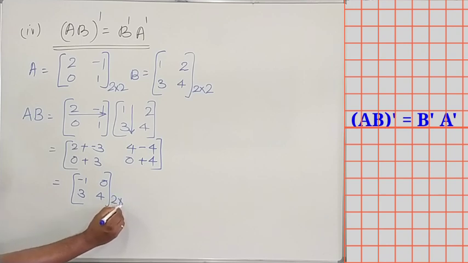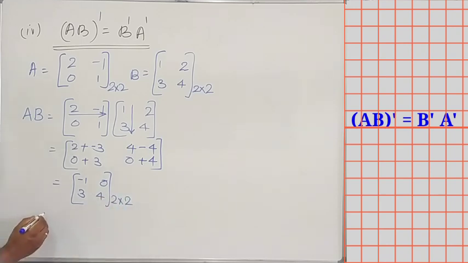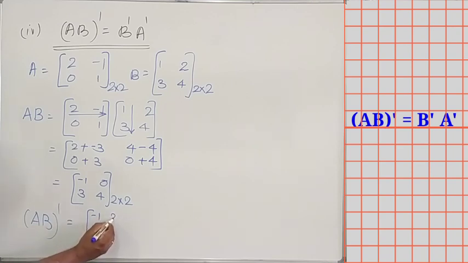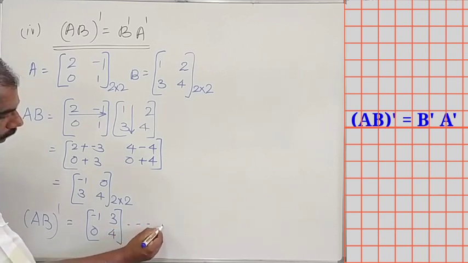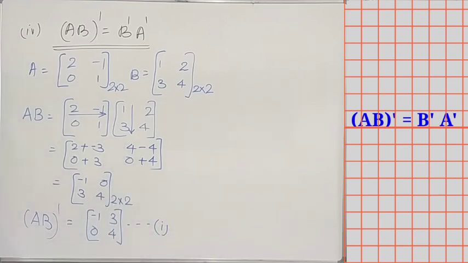It's a 2 by 2 matrix. We find out A into B whole transpose. A into B whole transpose is equal to minus 1, 0 becomes the first column, and then 3, 4. It's order 2 by 2. We take it as equation number 1.